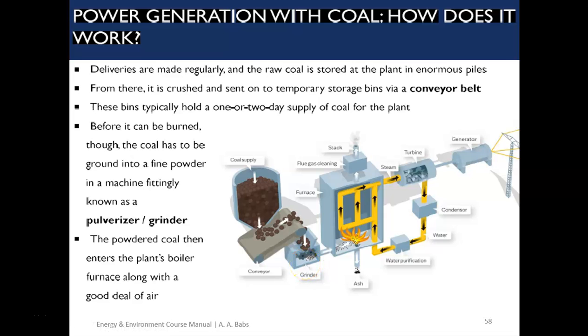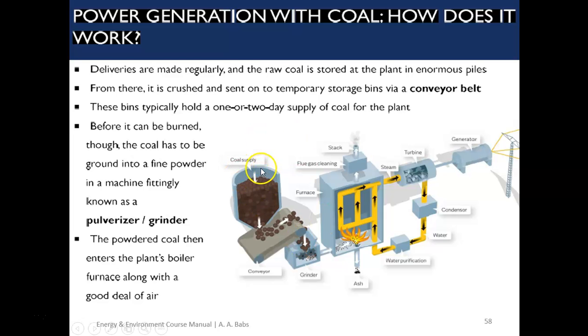Now the coal cannot be used in the form it is. It has to be crushed and ground into fine powder that the machine can use. The device that does this in the power plant is called the pulverizer or the grinder.